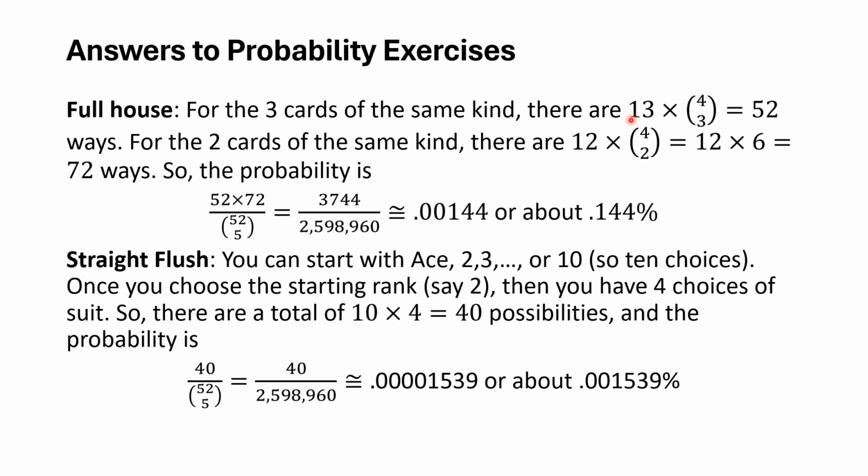You may ask, well, what if you selected the 2 cards first and then the 3? You know, if you reverse the analysis. Well, if you do the 2 cards first, then you would have 13 choices here. So it would be 13 times 6. But then you would only have 12 choices for the 3 cards. So you'd have 12 times 4.